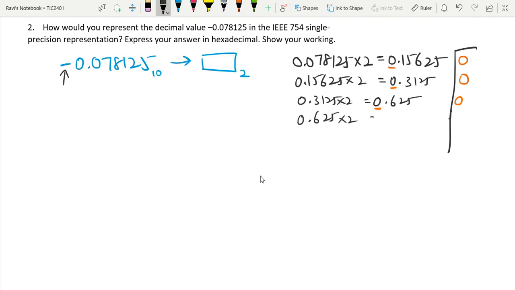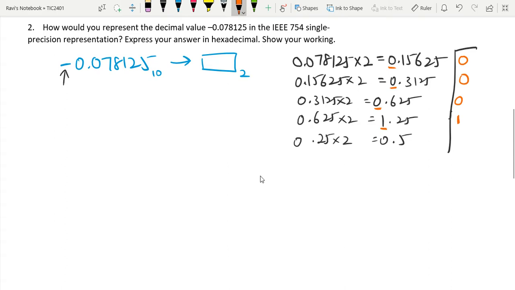0.625 times 2, I get 1.25. So whenever I get a 1, I must make sure that in the next multiplication I discard the 1. So I just write 0.25 times 2, I get 0.5.